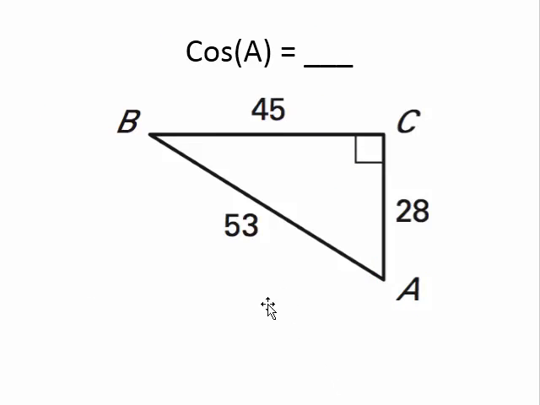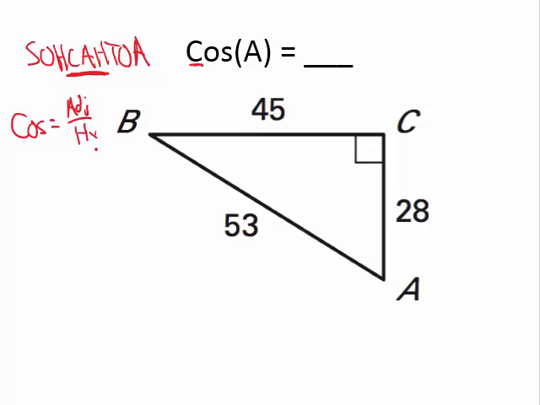Go ahead and pause the video, work it out, and press play when you're ready to see the answer. Again, we're going to write out the word SOHCAHTOA. Cosine's the C, so we're looking at the CAH portion, which means the cosine is equal to the adjacent over the hypotenuse.